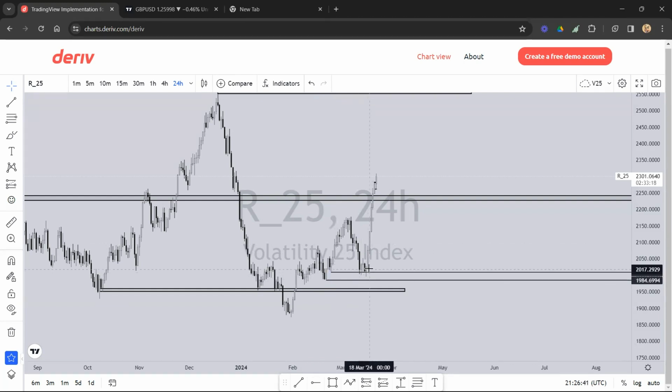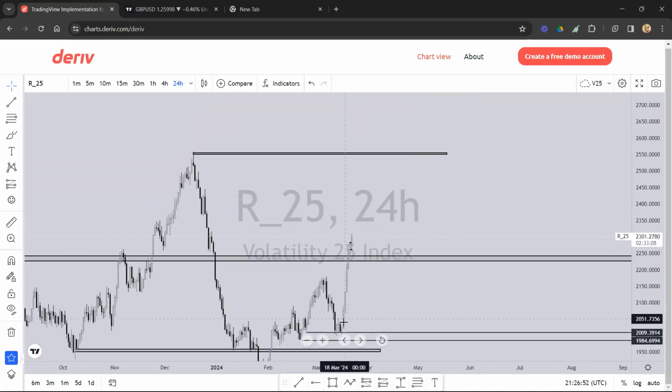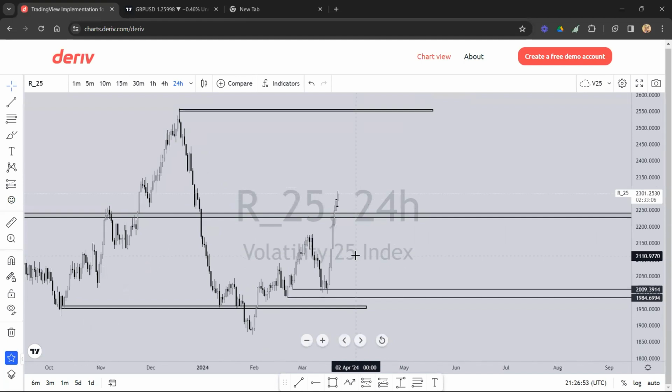I'm not going to mention it here, but it did something around this level. And then you see how it is buying without pullbacks. It's just going non-stop. If you're in this trade, you should be making nothing less than up to 60 for just one position.